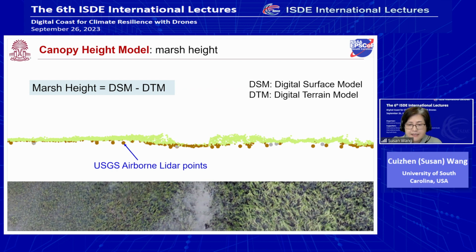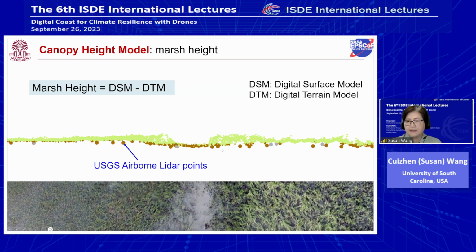In this example strip of the marsh, I also want to visually show how much advantage there is from the drone LiDAR. You can see so many more points, but at the bottom here, that's the same area for the USGS airborne LiDAR.